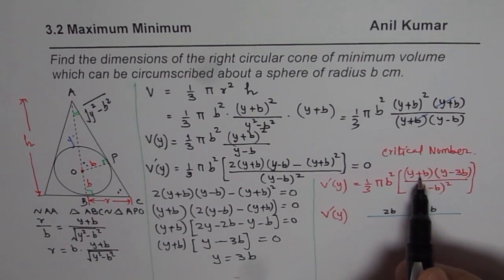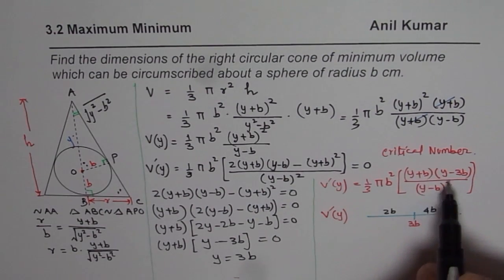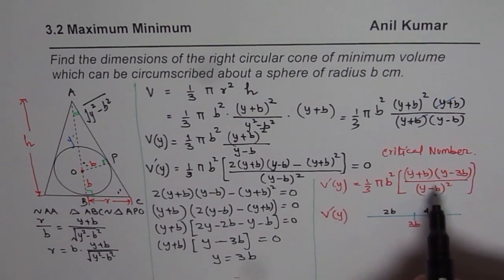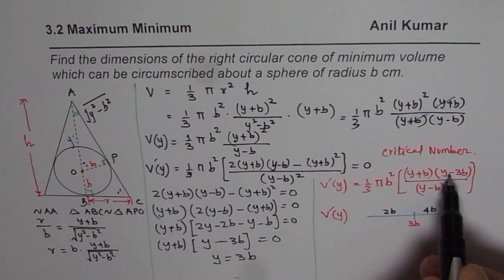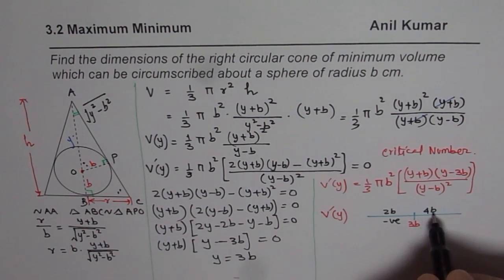Clearly, in this particular case, these two terms are positive, and this could be positive or negative depending on the value of y. So if y is 2b, we have a negative value here, correct? And if y is 4b, this term is positive.